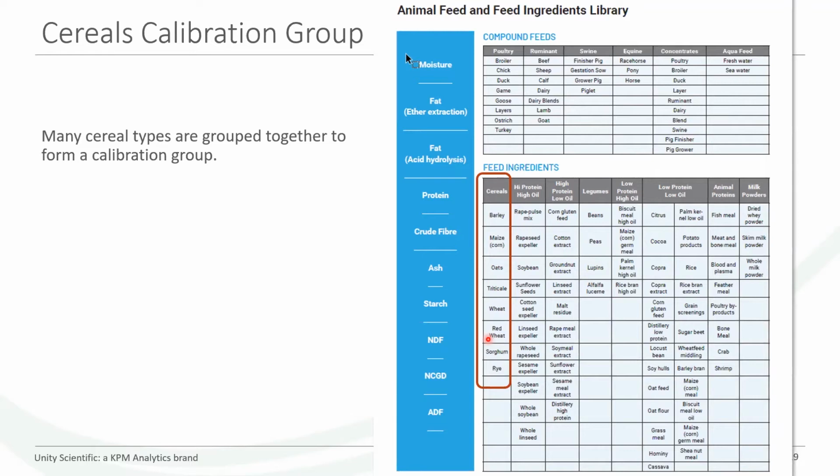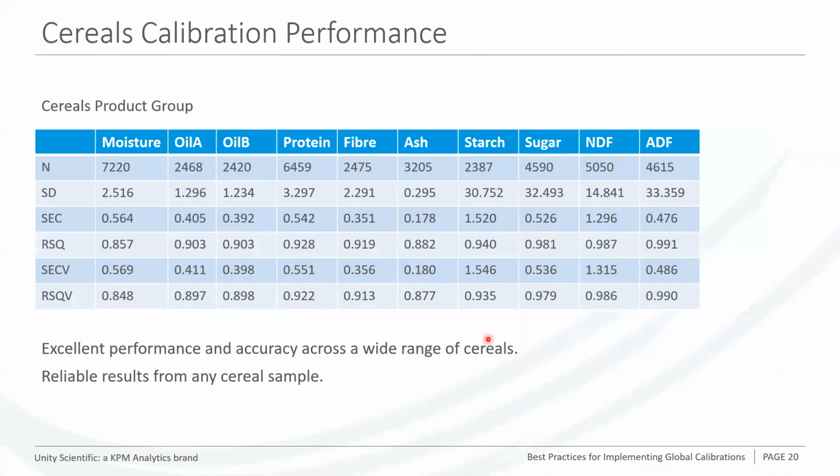One of the first questions we get when we talk about global calibrations is what is the performance? So this is the performance of that cereals group with the Aunir calibrations. I've listed the constituents across the top. We've got moisture, 2 types of oil, ether extraction and acid hydrolysis, protein, crude fiber, ash, starch, sugar, NDF, and ADF.